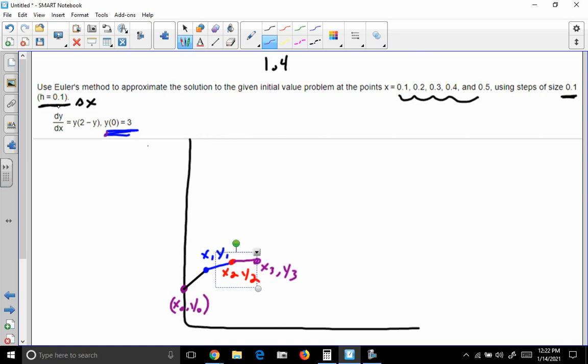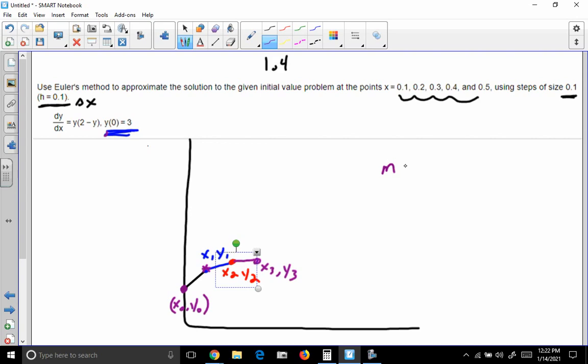Now, of course, the smaller h is, the better approximation we would get, but that depends on how precise we need to be. So the question is, can I develop some kind of algorithm that, if I know a point and the slope, I can get the next one? There are several ways that we can go about describing this.